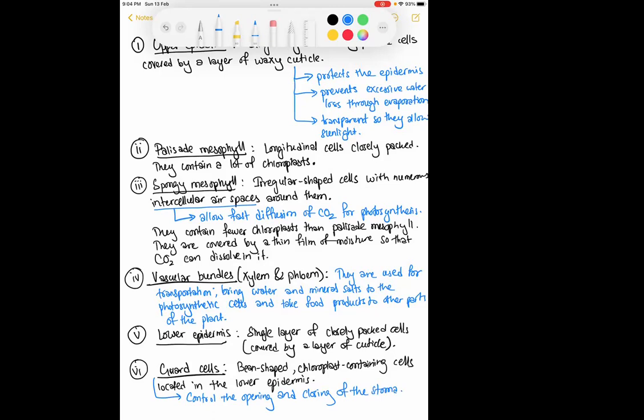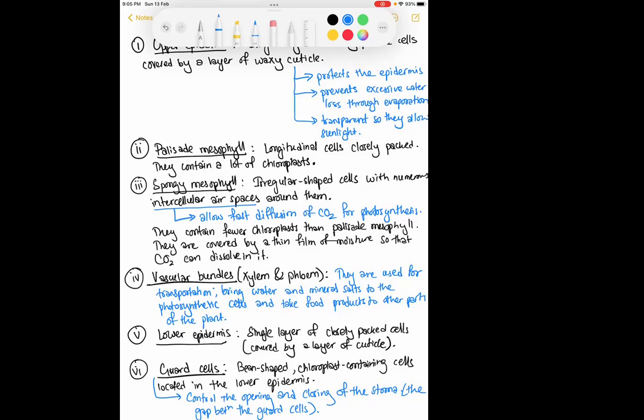What is the stoma? That is the gap between the guard cells. So why is the stoma there? The stomata basically allow carbon dioxide to diffuse in, and oxygen and water vapor to escape.